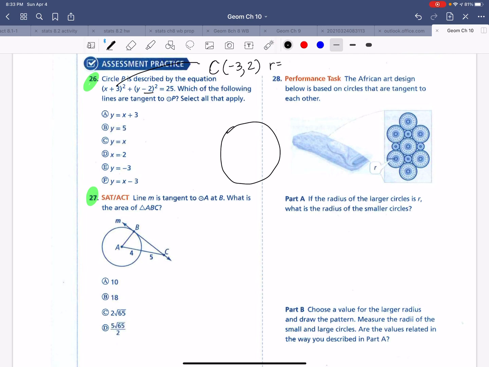And our radius would be 5, because that's the square root of 25. Which of the following lines are tangent to P? Oh, wow. This could be something we could do on Desmos. That would be kind of cool.